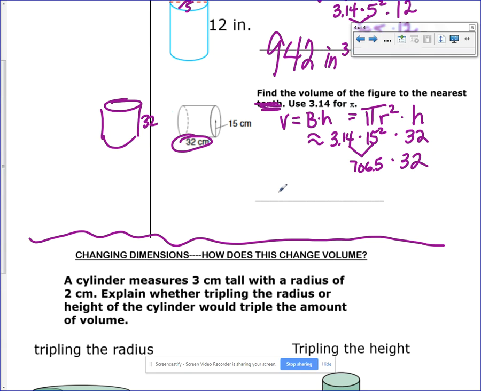Multiply these together and we get a giant value here, 22,608, and we are in cubic centimeters. Awesome work. Use this formula all the time. Okay? With a cylinder, the area of the base is always pi r squared.